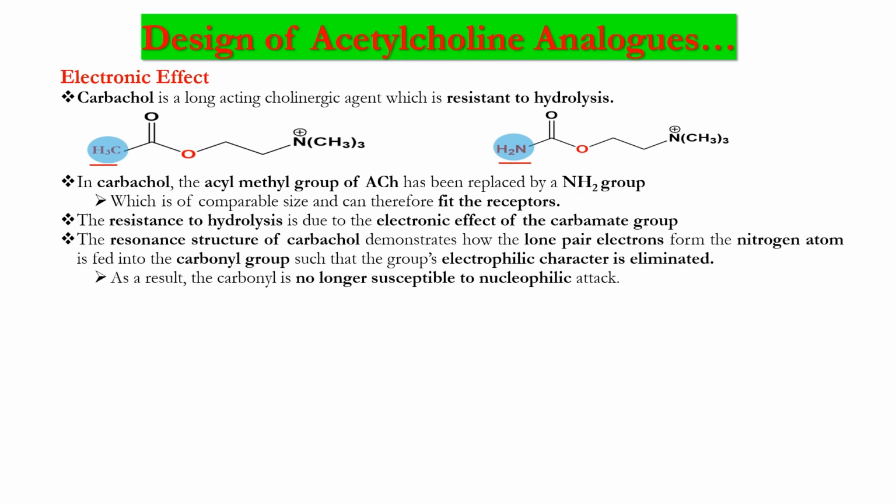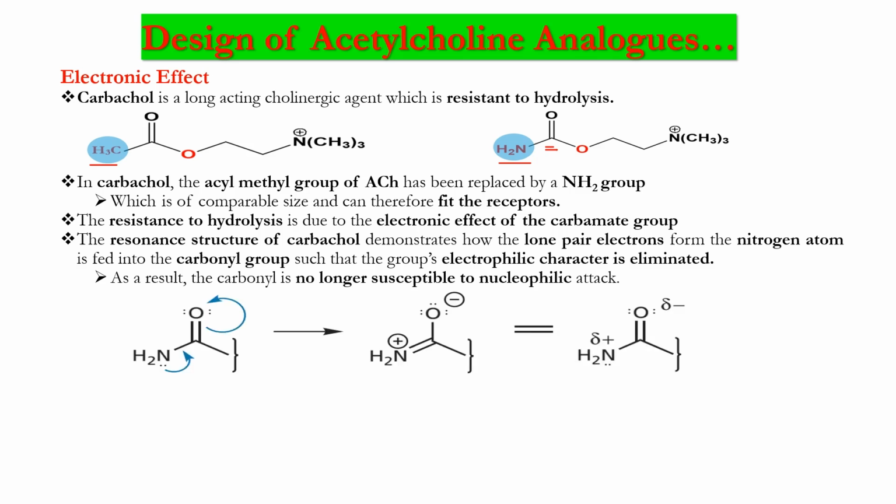These lone pair electrons feed into the carbonyl group of the molecule, so that the carbonyl is no more electrophilic and cannot be easily attacked by nucleophilic groups. So the electrophilic character is minimized in the case of carbachol. As a result, the carbonyl is no longer susceptible to nucleophilic attack.